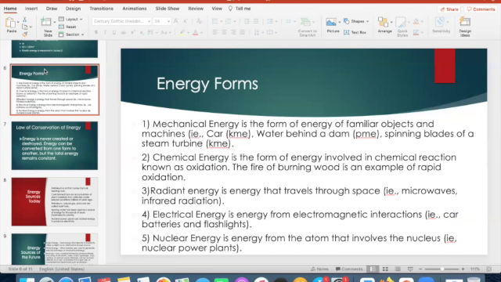All right, so that's the energy from the atom that involves the nucleus. So nuclear energy, if you think about the sun or nuclear power plants, they use the fusion or splitting of nuclei to get its power.